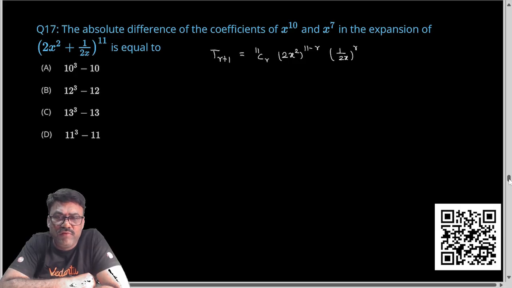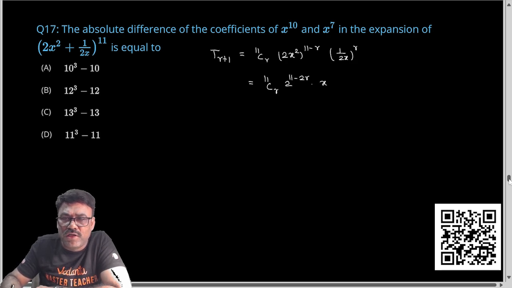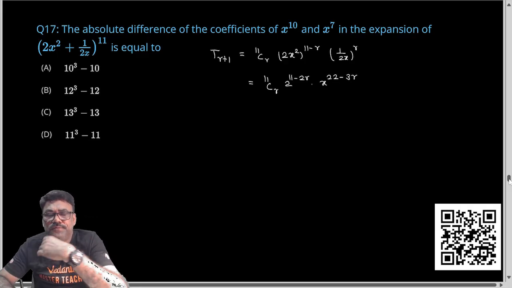If I rearrange it, I can write it as 11Cr, 2 raised to 11 minus r, and 2 raised to minus r, so 2 raised to 11 minus 2r. And then x raised to 22 minus r and r, so 22 minus 3r. So this is the general term.